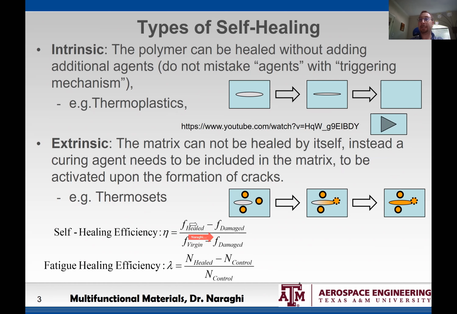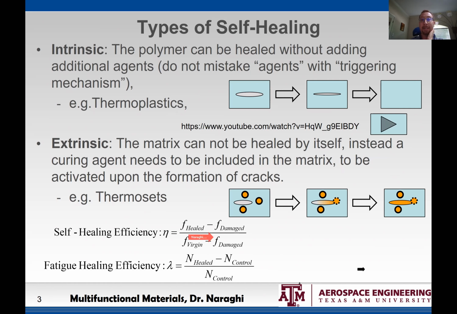So basically, this self-healing efficiency tells me how much of the initial strength was recovered as a result of the healing. If you're doing fatigue experiments, you can define more or less the same factor.